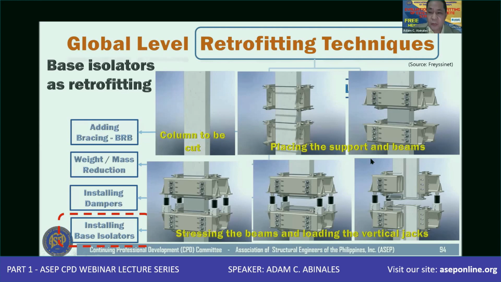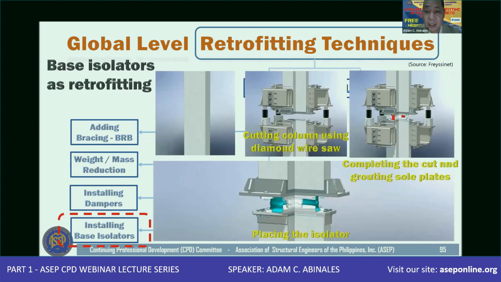Then once you put these supports for all the columns that you're going to cut, you stress the beams and load the vertical jacks, because definitely once you cut the columns, the supports and the jacks will carry the entire structure. So what happens then? You cut the column using a diamond wire saw. Then you complete the cutting and grout the sole plates as part of the mechanism of the jacks, and then you place the isolator.